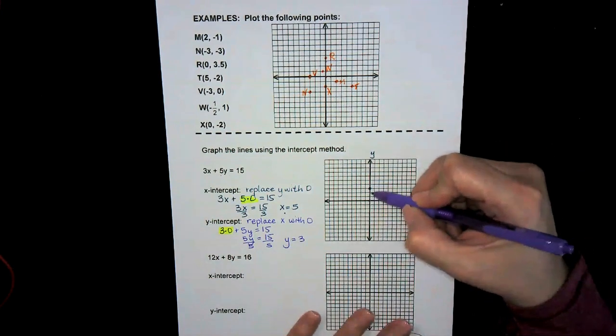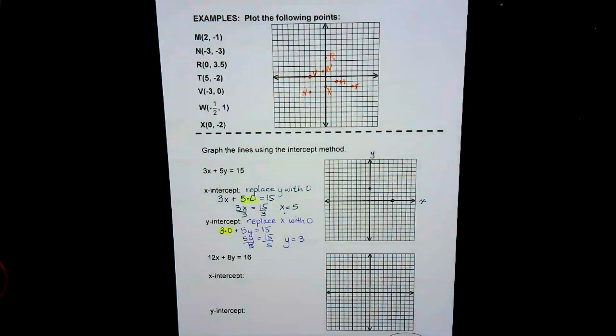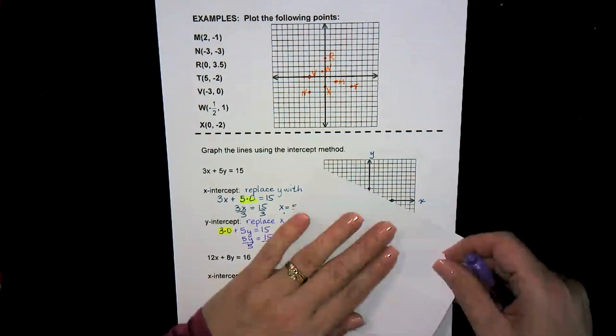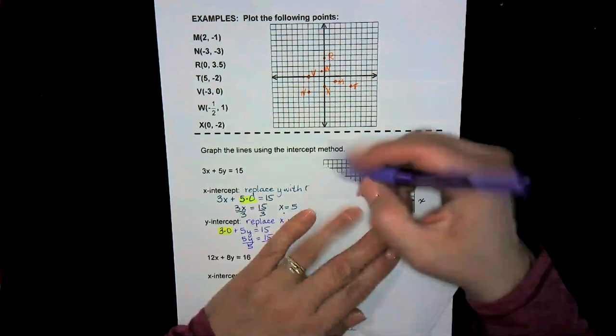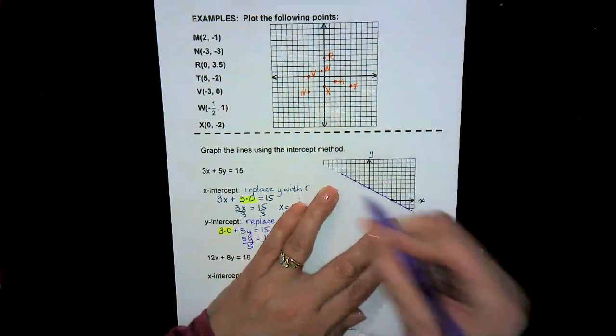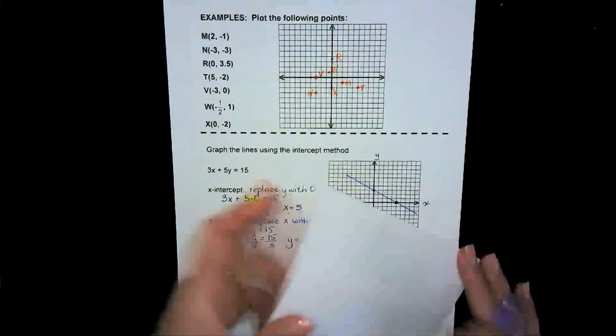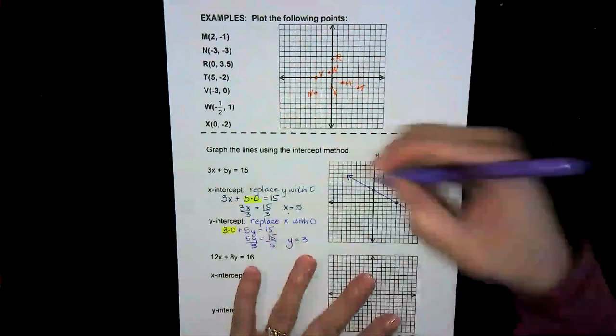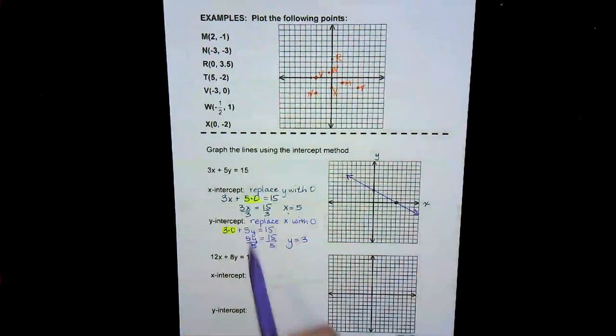See how I started at the origin and I went up 3? So big deal, right? Except that now I have 2 points that I can graph this line with. I like to use a straight edge to be able to draw my lines. Let's see if I have a little card, a little envelope here I'll use as my straight edge. And see, I just run my straight edge through those 2 points. Pretty easy there. And now I have my line graphed. See, I could do that with just my intercepts.